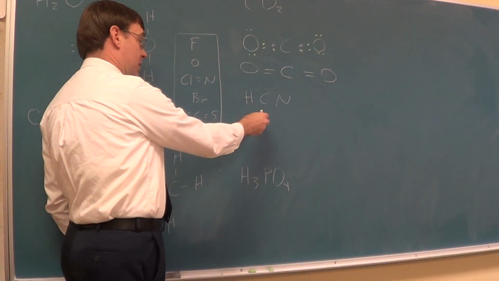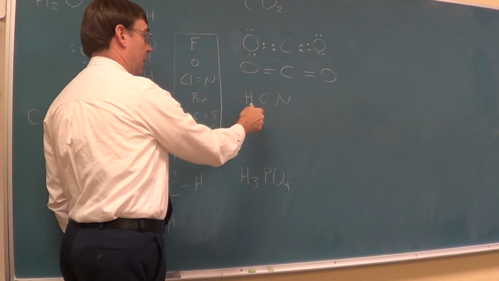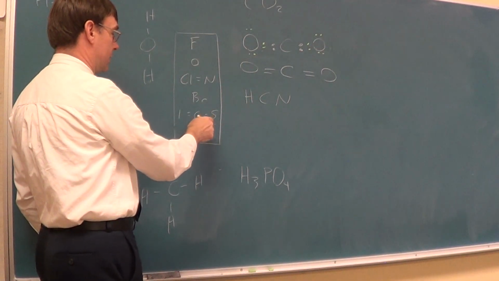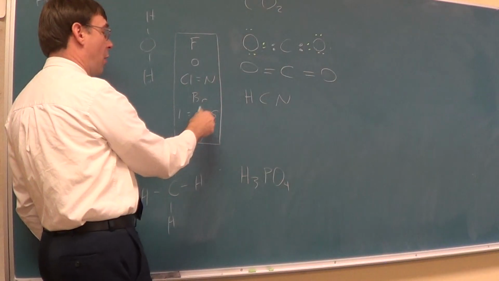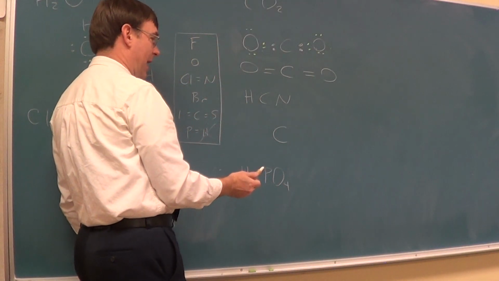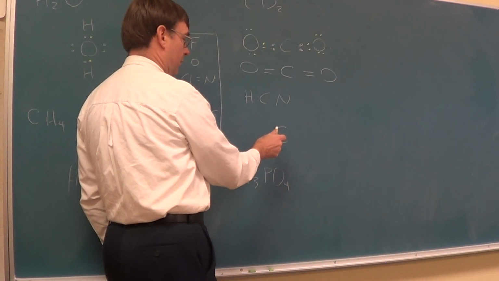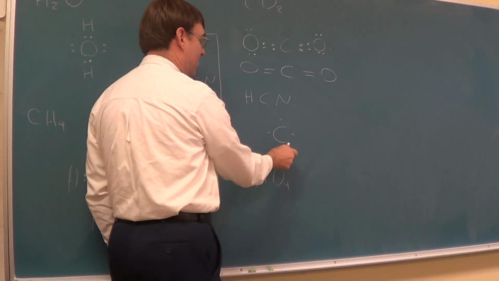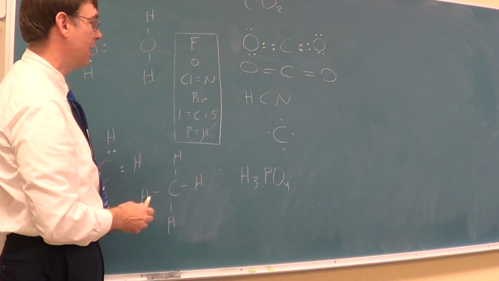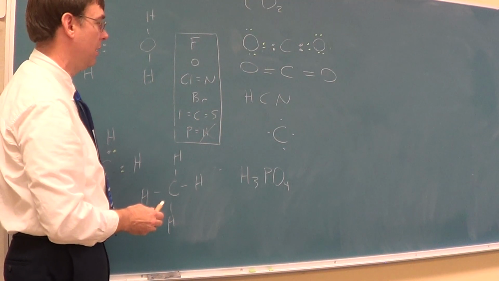So who's not in the center? Hydrogen. So C or N? C, because whoever's lower. So carbon center, and that would bring how many? 4. So I might start like that to begin with, but I'm suspicious that's not going to be right because I'm expecting a triple bond here.